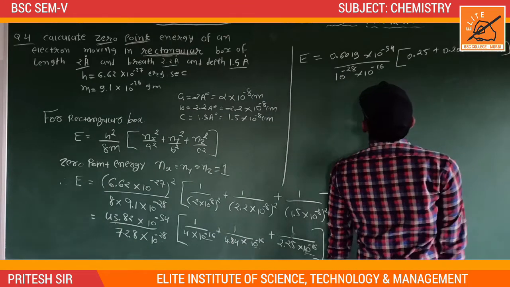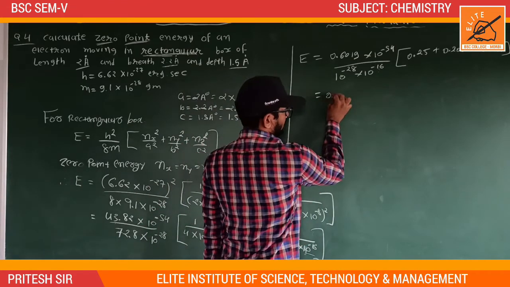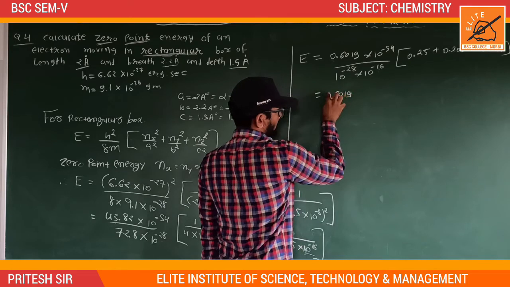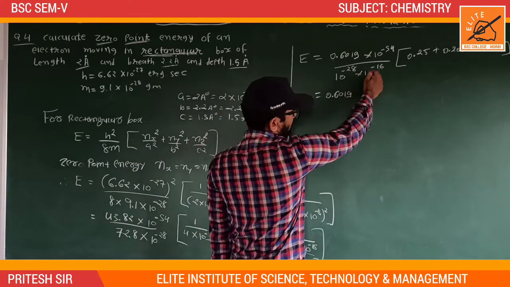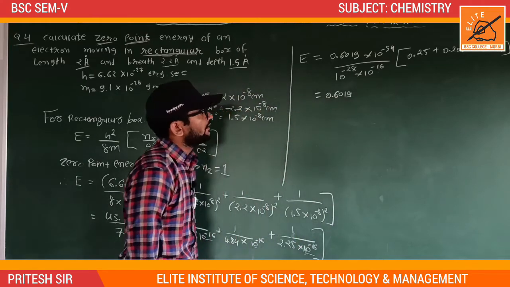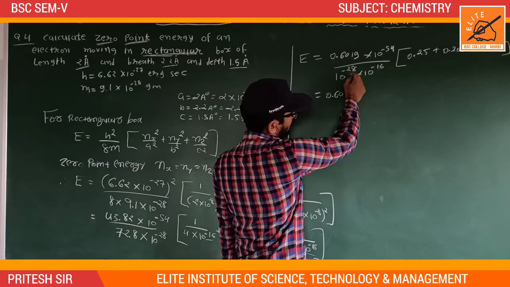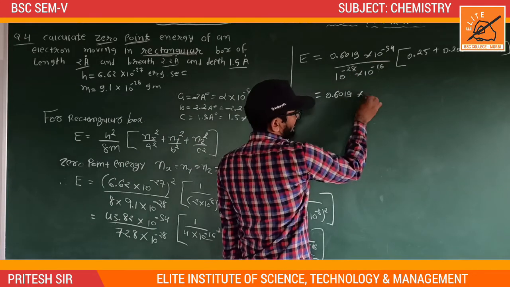Okay, so 0.6019, here 10 to the power minus 28 into 10 to the power minus 16 means 10 to the power minus 44. If 10 to the power minus 44 goes to the upper side, at that time it becomes plus.